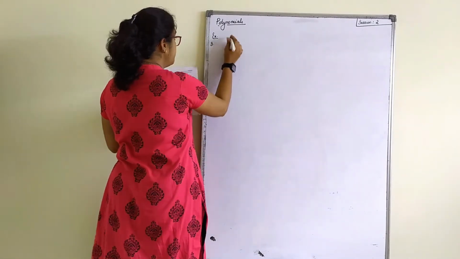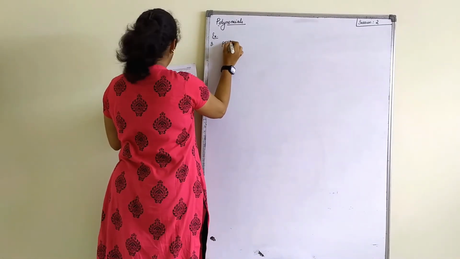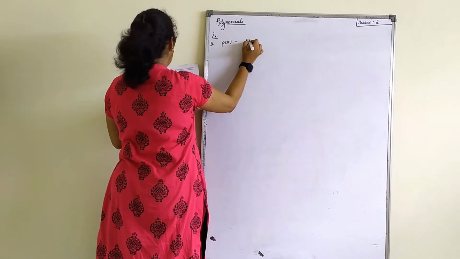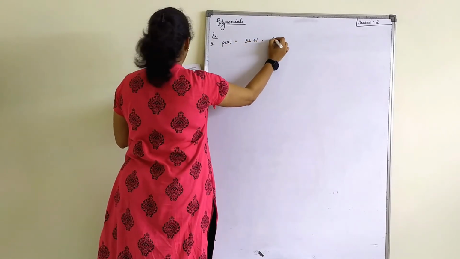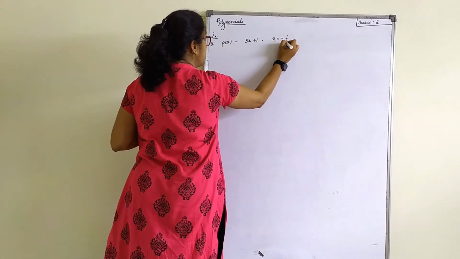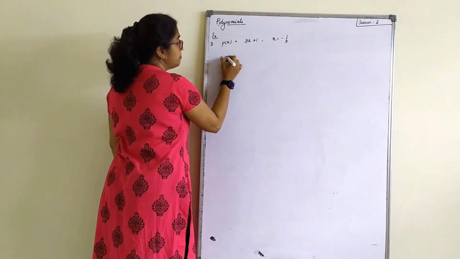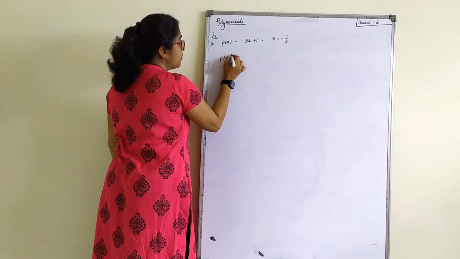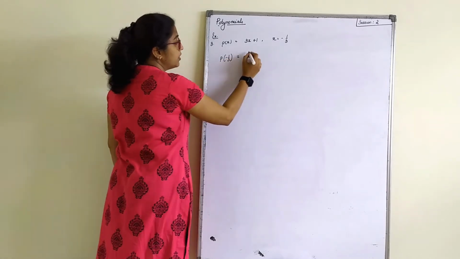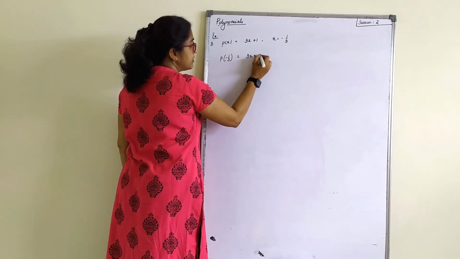The first one, P of x is equal to 3x plus 1, where the x value is given as minus 1 by 3. Let's check. P of minus 1 by 3 is equal to 3x plus 1.